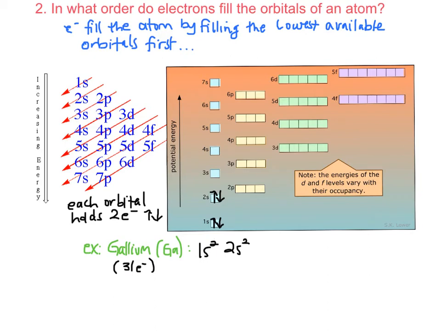Then the next orbitals that fill are the 2p orbitals in our 2p sublevel. So you'll get 2 electrons here, here, and here. That gives us 2p6. And then 2 more electrons will go into the 3s sublevel.